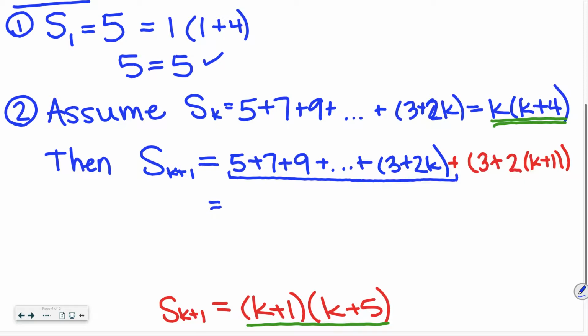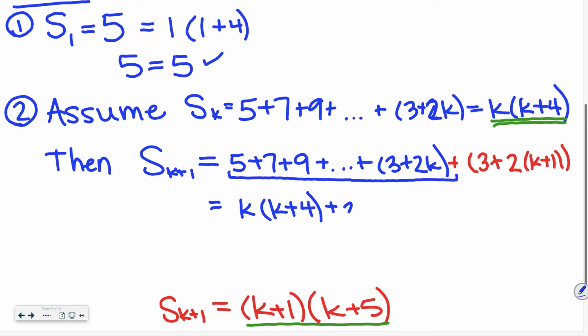So we can replace it with K times K plus 4. Okay. And then we have this 3 plus 2K plus 1.